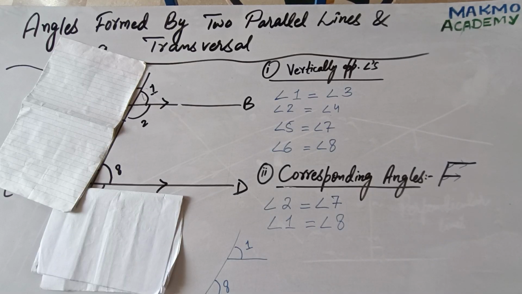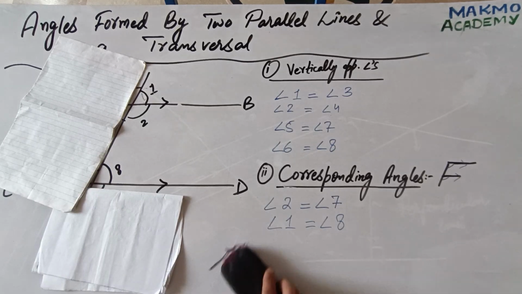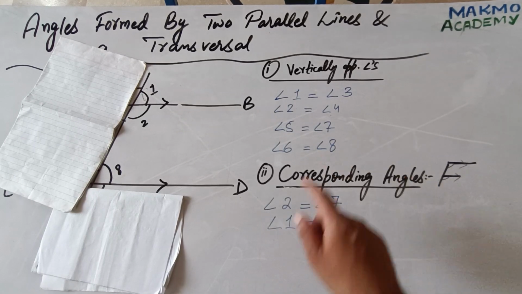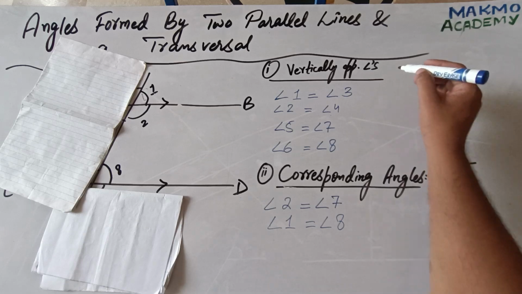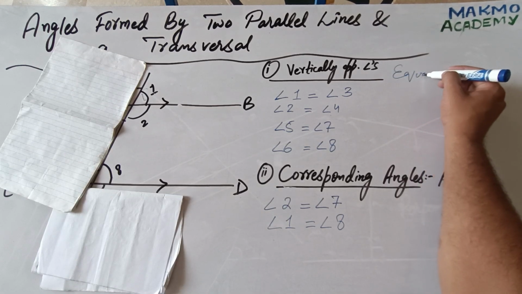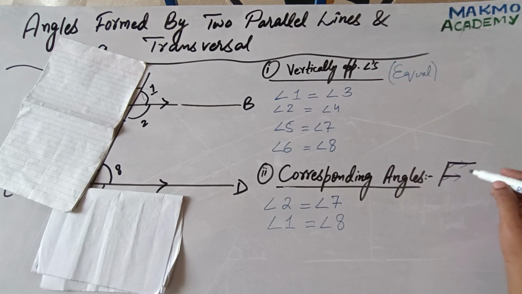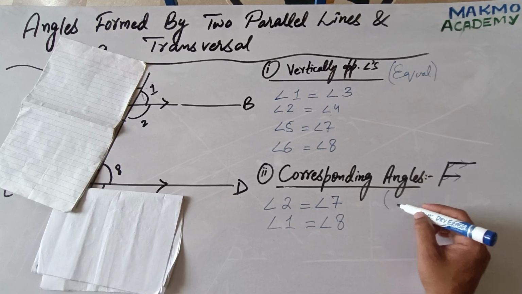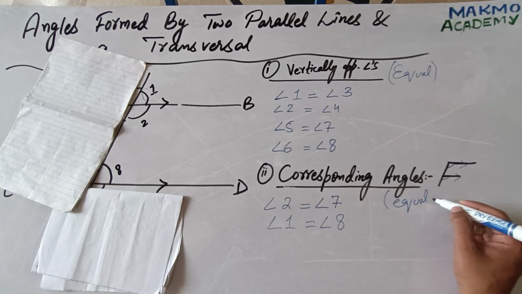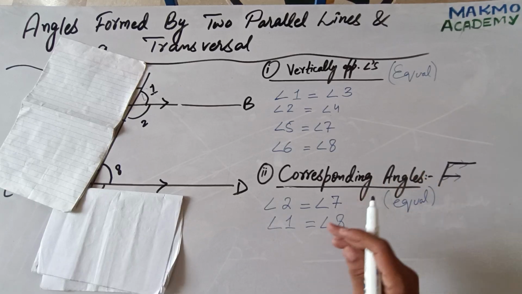So this is another set of equal angles, and corresponding angles are equal to each other, just like vertically opposite angles. Vertically opposite angles are equal, and corresponding angles under the arms of the letter F are also equal to each other. This is the relationship between these two angles.